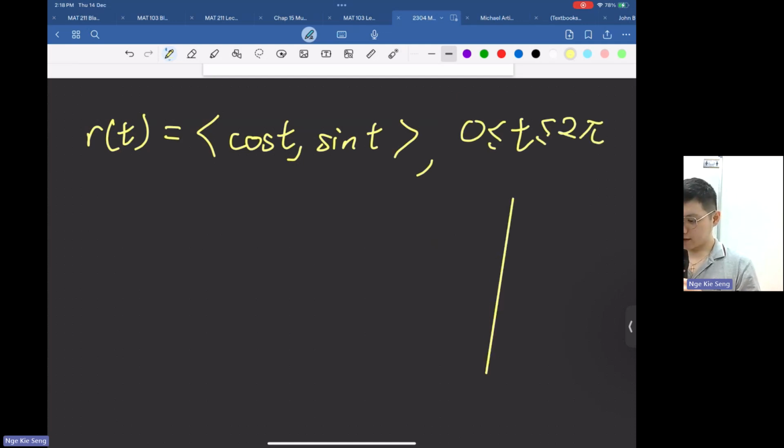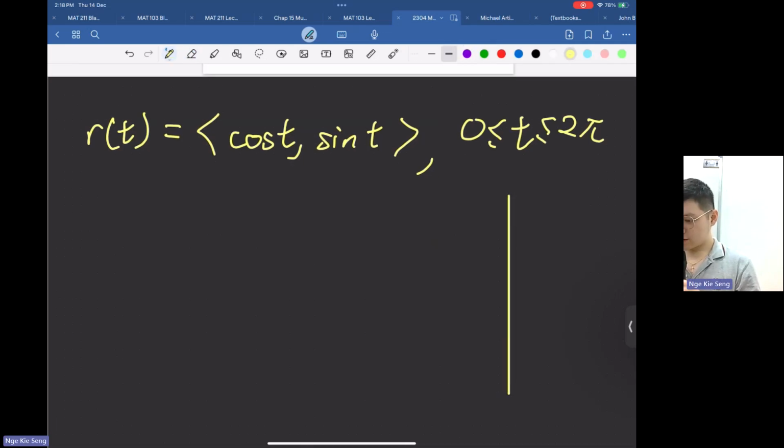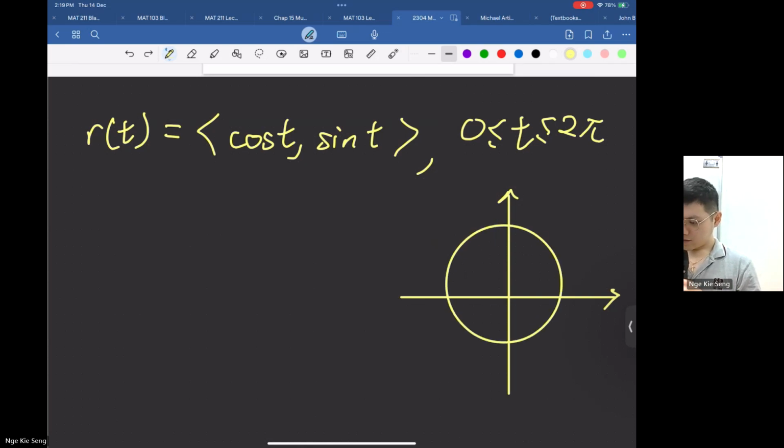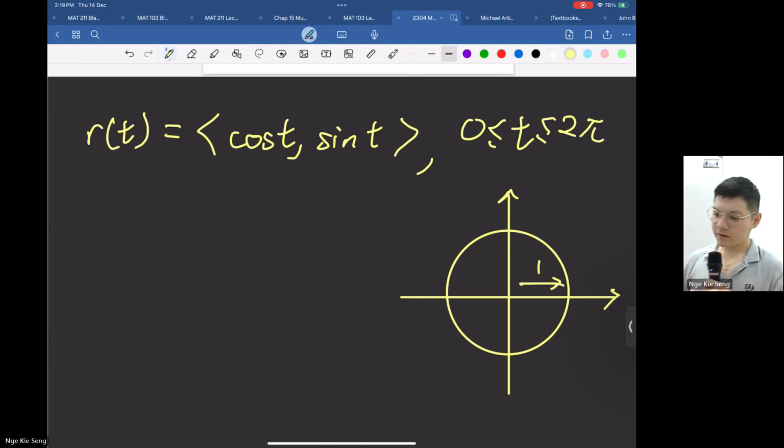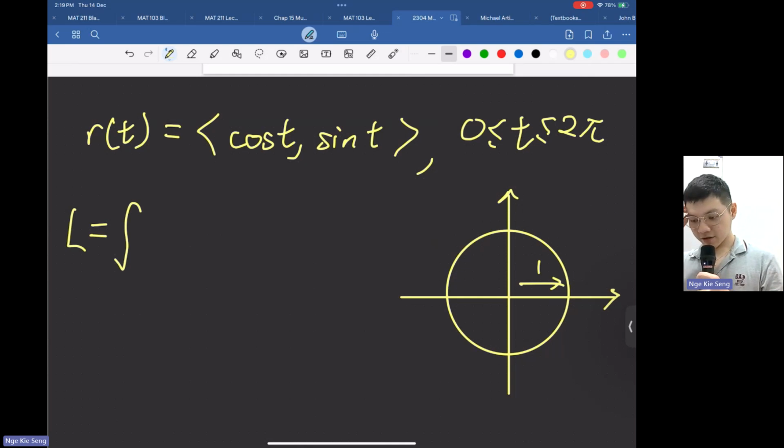This will trace out a plane curve, the unit circle. How do we compute this? This computation is important because in vector calculus you will also do similar computations. So how do we compute the length of this circle?